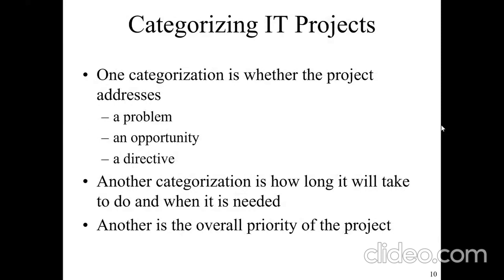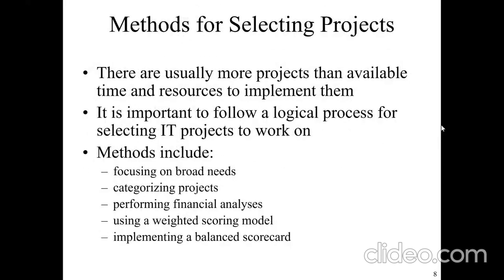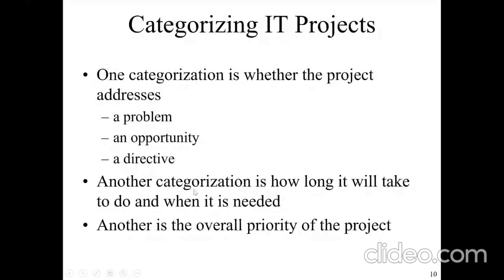Then the second option is going for a category. So that's what we have here: categorizing the project. Some projects can be categorized. Now, the categorizations can be such that it addresses whether it is a problem we are solving, whether it's an opportunity, or whether it's a directive.